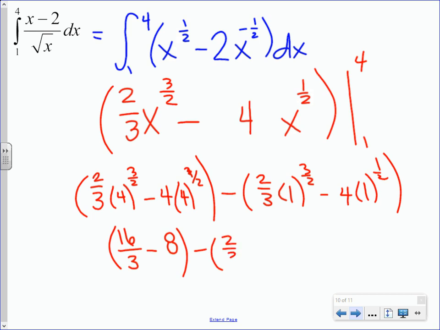Minus, this would be 2/3 minus 4. In exact form, what's our area? 2/3. Looks good? Yes. Beautiful.